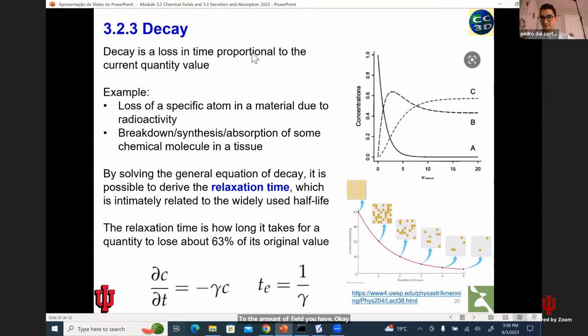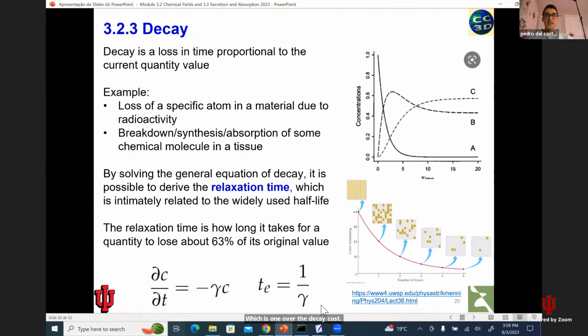So probably I was not clear enough, but basically the rate at which something decays is proportional to itself. And you can solve this equation mathematically and derive the equilibration time or relaxation time, which is 1 over the decay constant.